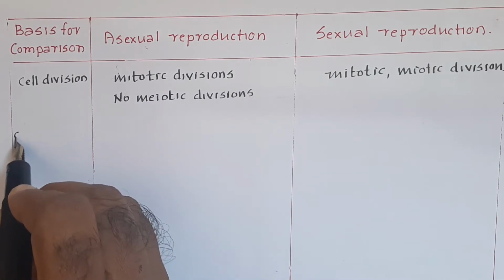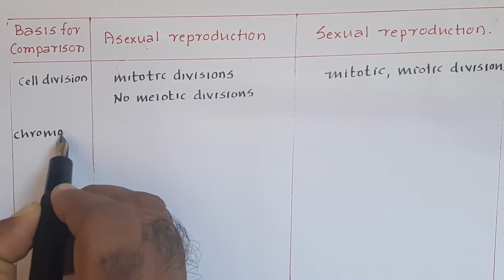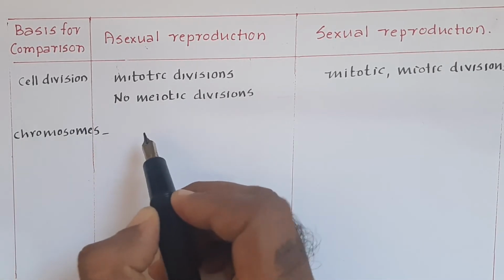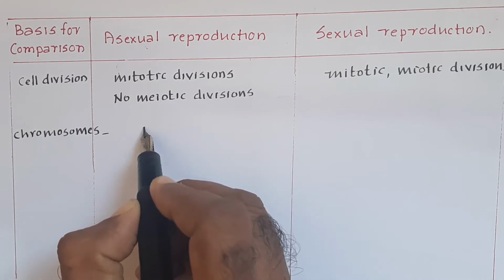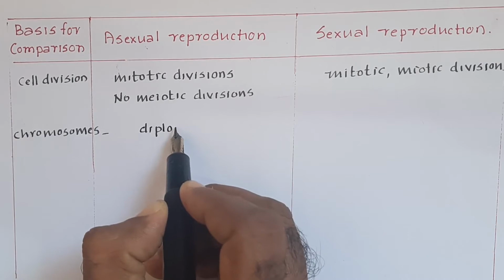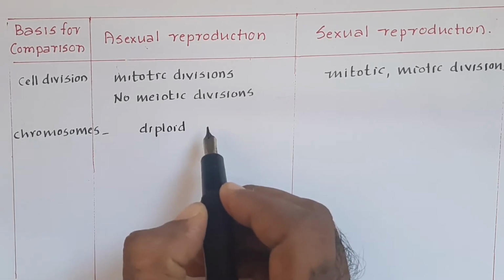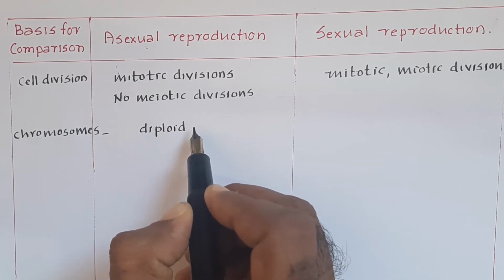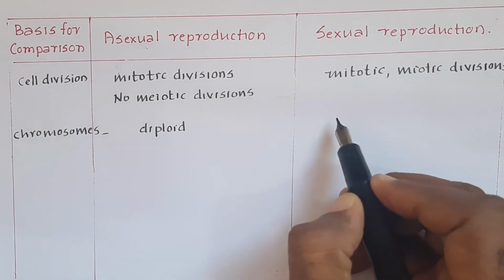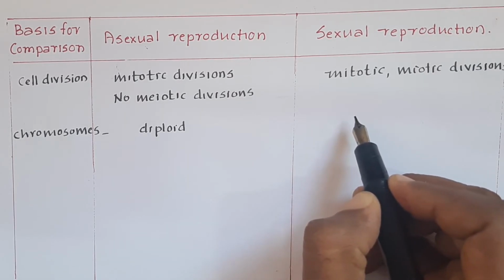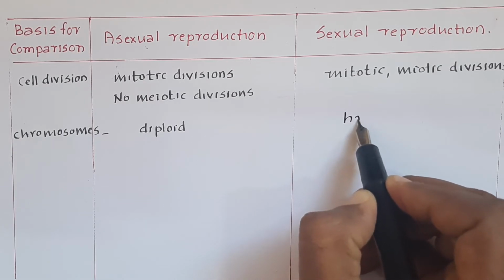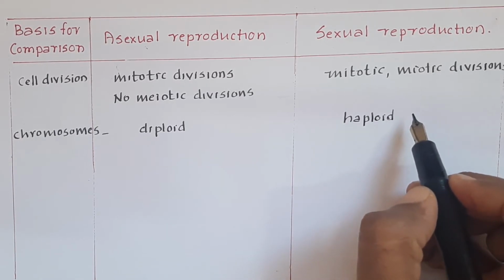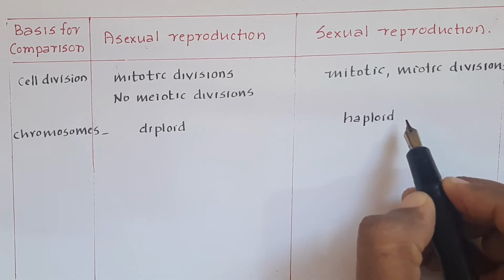Then, on the basis of chromosomes, the chromosomes remain diploid during asexual reproduction. That is, diploid means having 2n number of chromosomes. But in case of meiosis, meiosis produces haploid chromosomes during sexual reproduction.